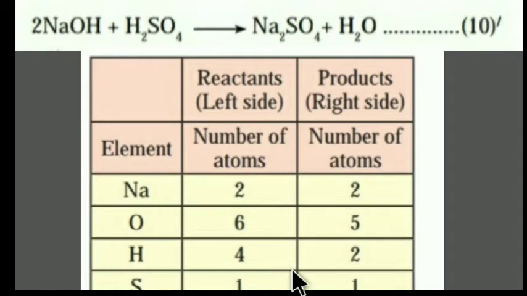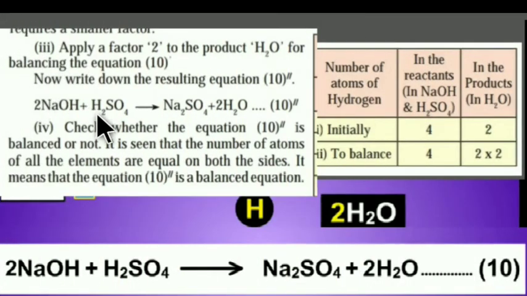It requires a smaller factor. We select hydrogen, hence apply a factor 2 to the product H2O to balance equation number 10. Let's see here, 2 to the product H2O in equation number 10.